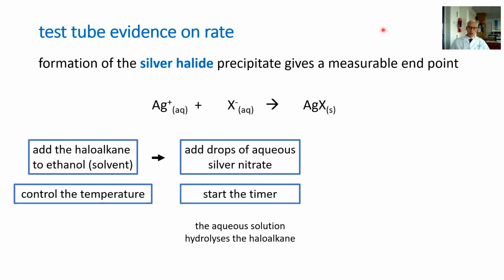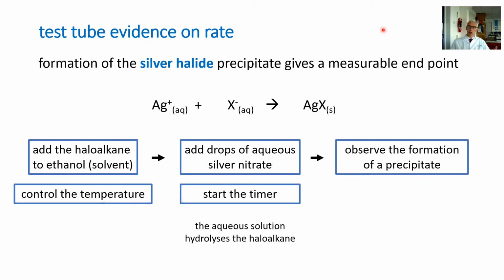In the aqueous solution we haven't got hydroxide ions, but the water itself will act as a nucleophile, so that will also produce the hydrolysis of the haloalkane. You observe the formation of a precipitate, and when you get a certain amount of precipitate, which you decide experimentally, you stop the timer, and then you repeat across the various haloalkanes, and you've got a comparison in terms of time.